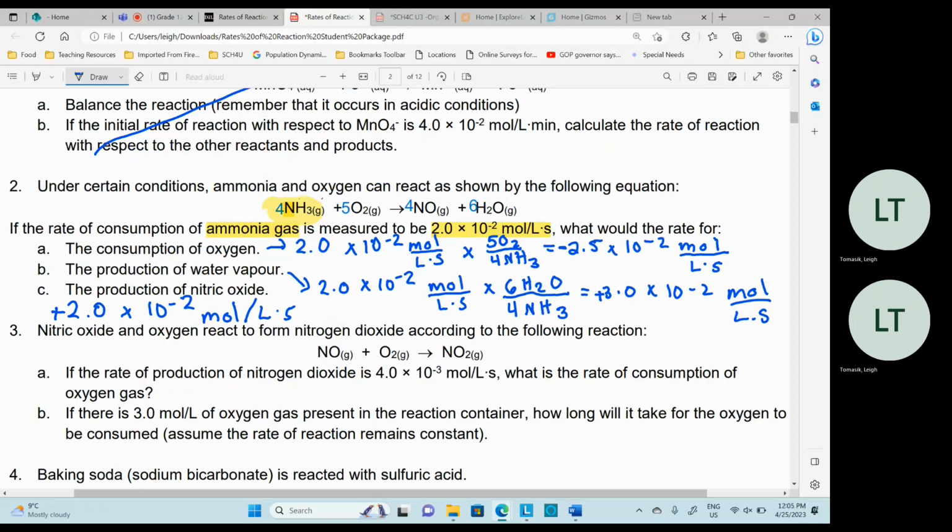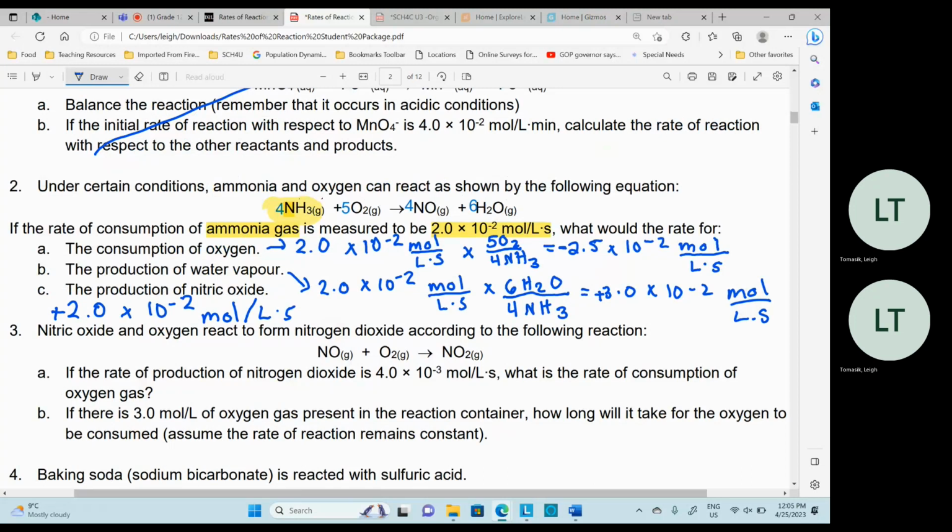Okay? It says nitric oxide and oxygen react to form nitrogen dioxide according to the following reaction. Is it balanced? It is not. That's annoying. So we need to balance this.